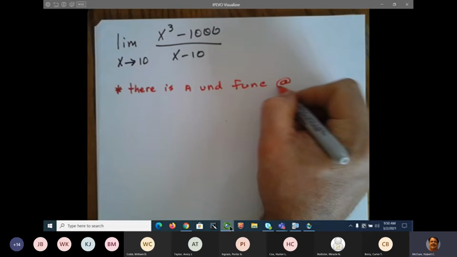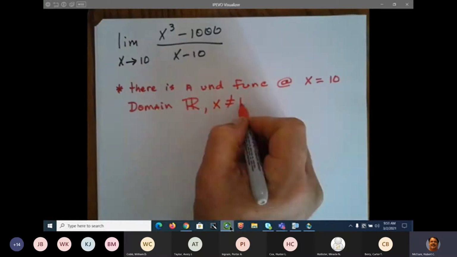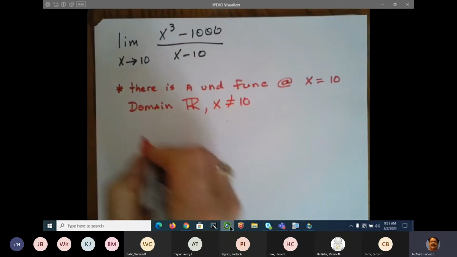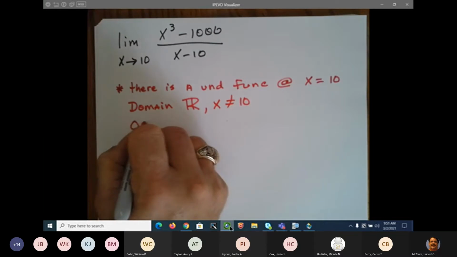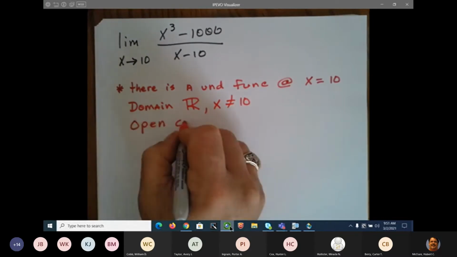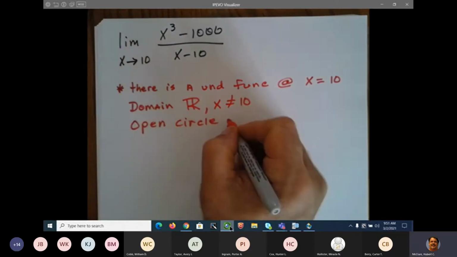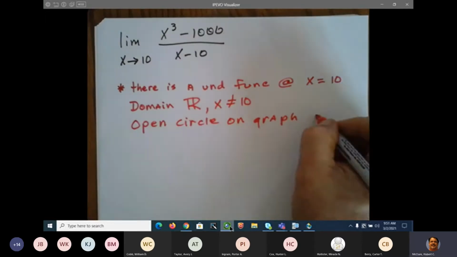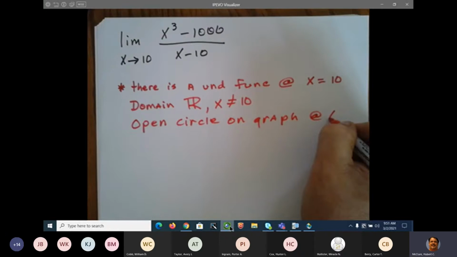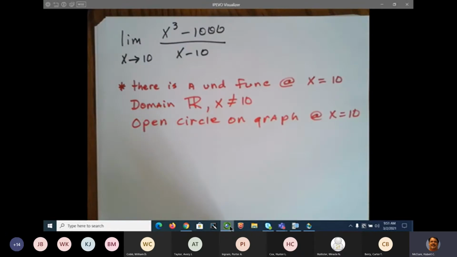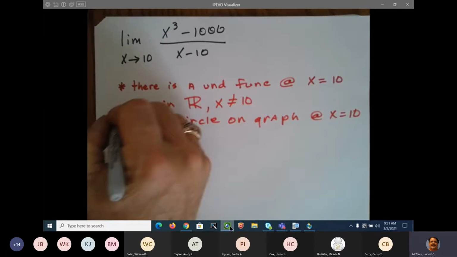That means that your domain is all real numbers except x cannot equal 10. And you have an open circle on the graph at x is equal to 10. Now, before we even start the problem, you need to acknowledge that.